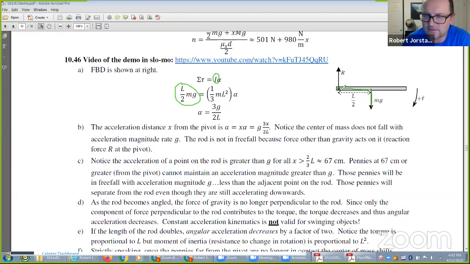If the pivot is at the end, you use 1/3 mL squared. All right. And then alpha, that's, I think, what we were asked to find, wasn't it? In the question that said, determine angular acceleration. That's what we find. I think it's pretty easy. You see that one of these L's cancels, and you get a 3.